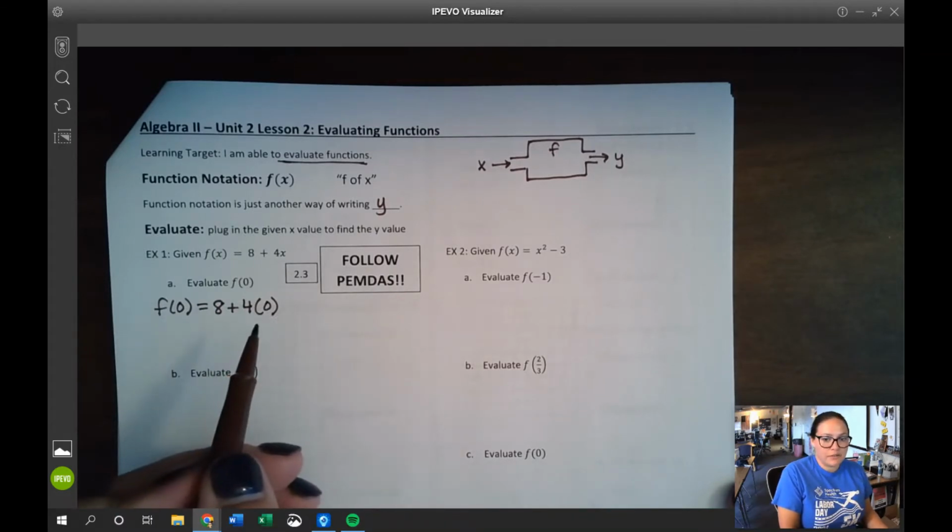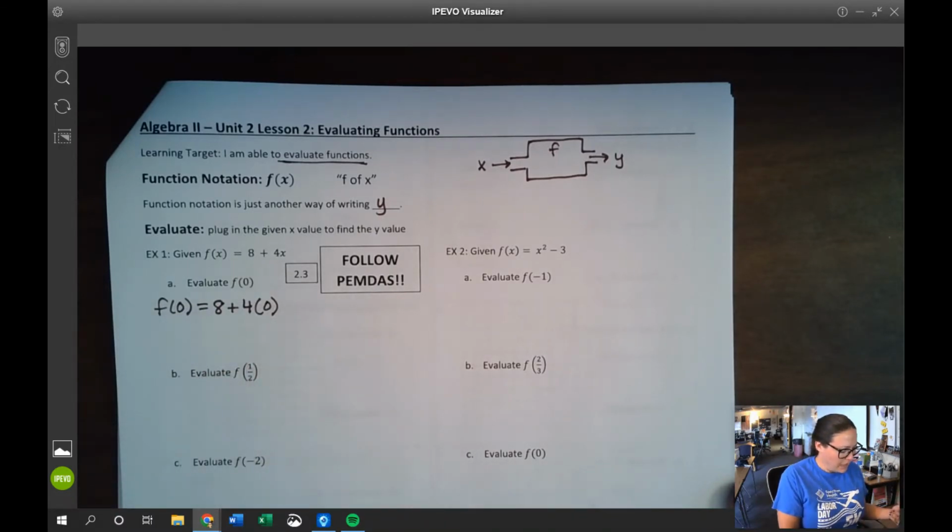This one's pretty straightforward, but you'll see when we get to example 3 later down on the page, a lot of students will mess up the order of operations. So PEMDAS still applies, even though it's something that you talked about at the beginning of Algebra 1 and even in middle school, PEMDAS is still a thing.